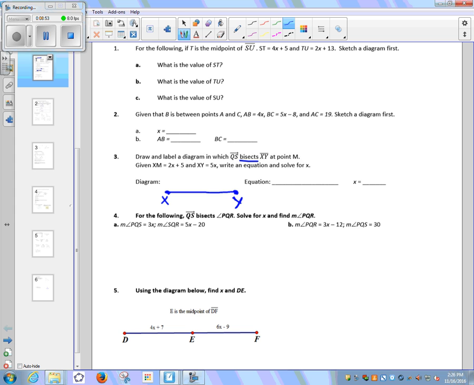They're going to be congruent segments, right? So if the QS goes through, it bisects it, that means it's going to go right through at the midpoint, which means I can mark this congruent to this. Does that make sense? Bisects means it cuts it in half. Mark them congruent. Okay, at point M, so the M is right here.